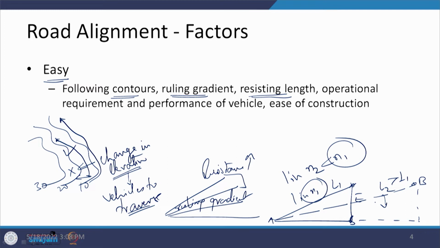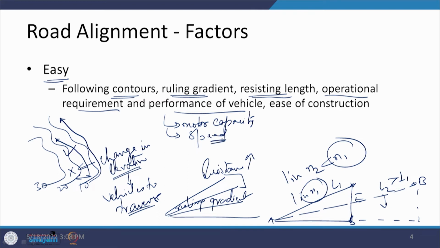This is another aspect. Then the next thing is the operational requirement or the performance of the vehicle. I have been talking about this again and again in continuation with the other things. When we say the performance of the vehicle, we are talking about the motor capacity, because this motor capacity is going to translate into speed.